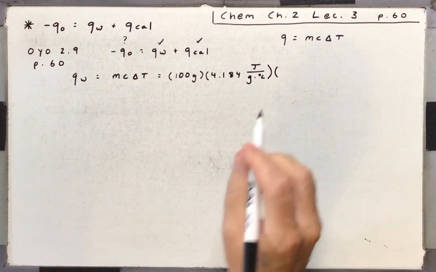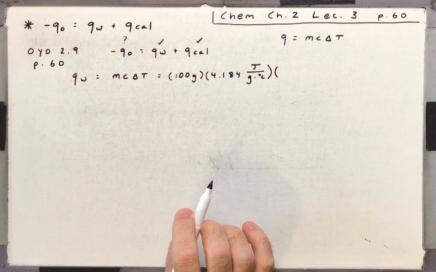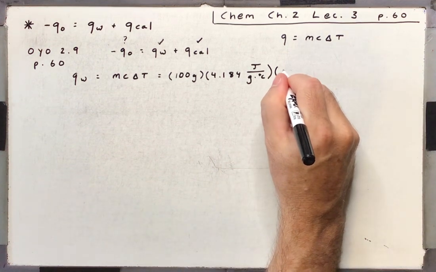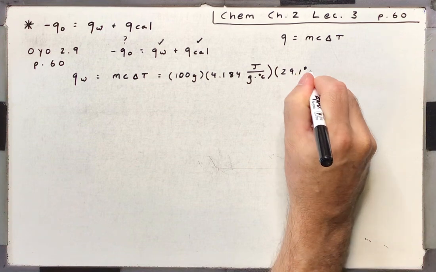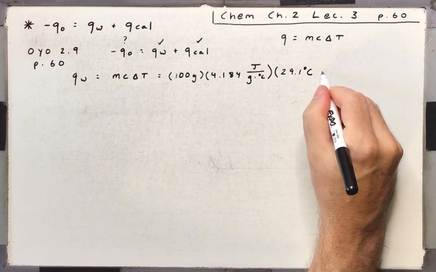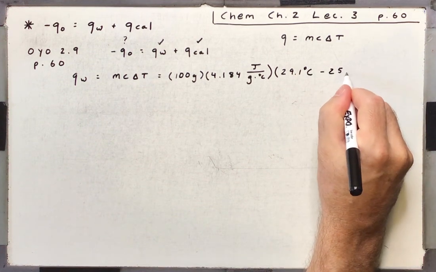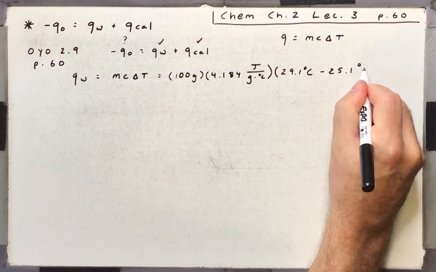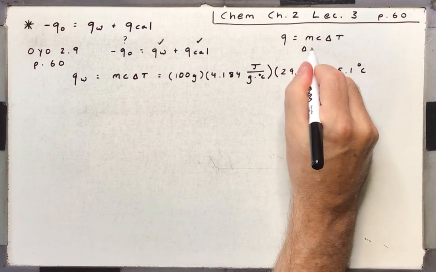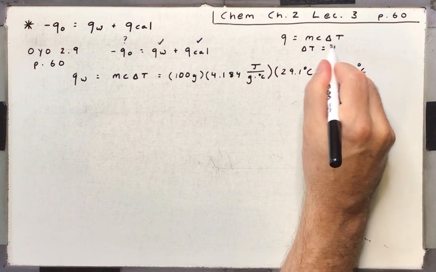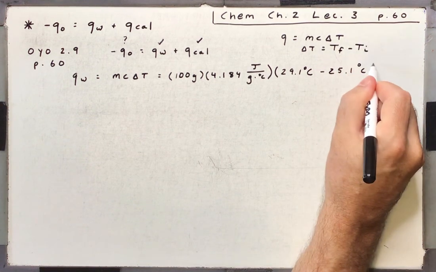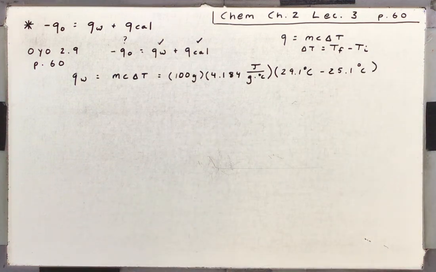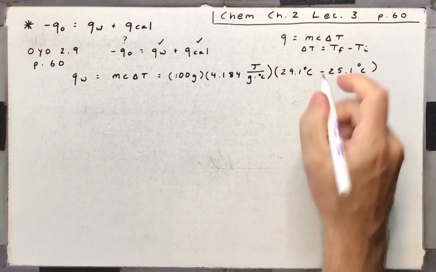And then the change in temperature of the water, the final temperature, is 29.1, and then the water started at 25.1. So remember, change in temperature is equal to T final minus T initial. So that's a total delta T of 4 degrees C.